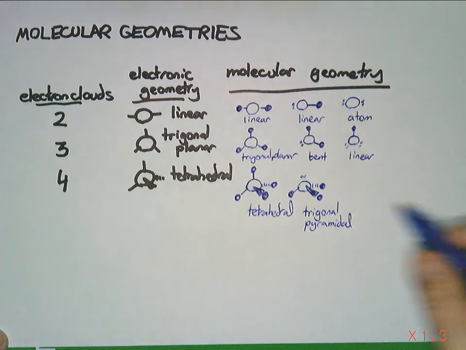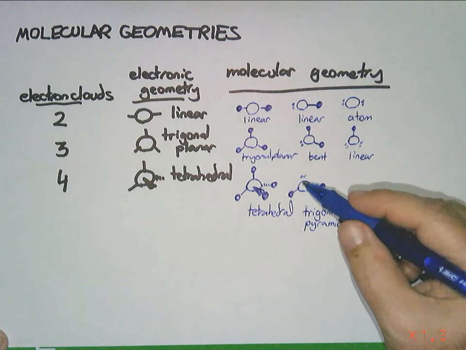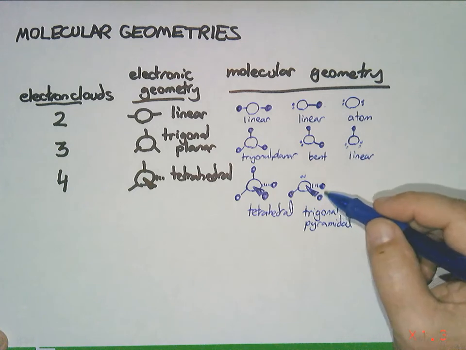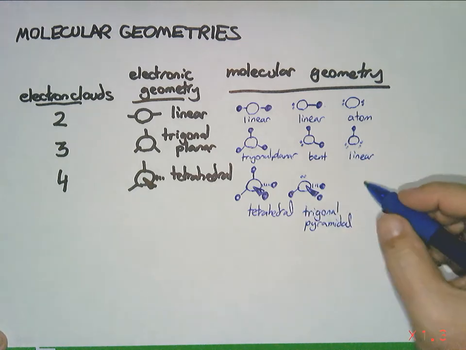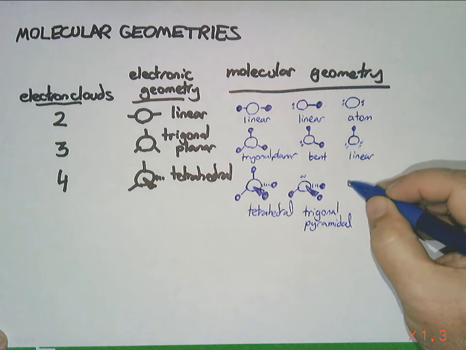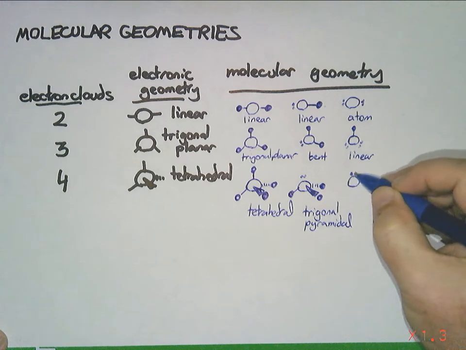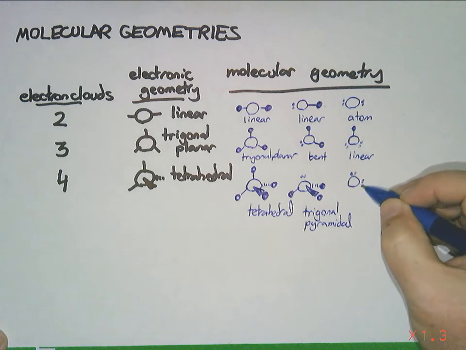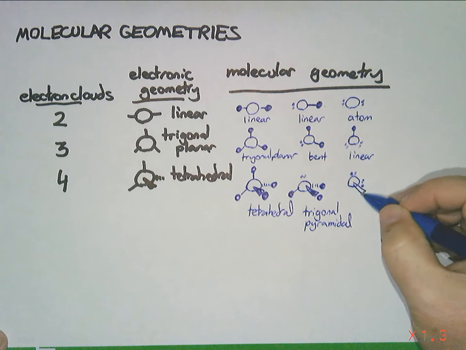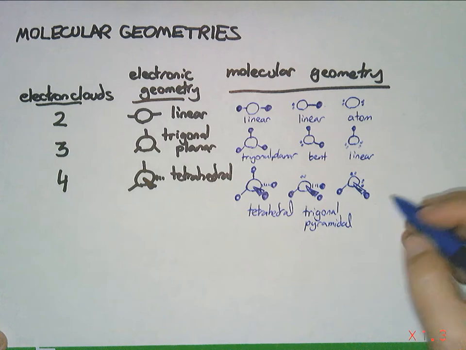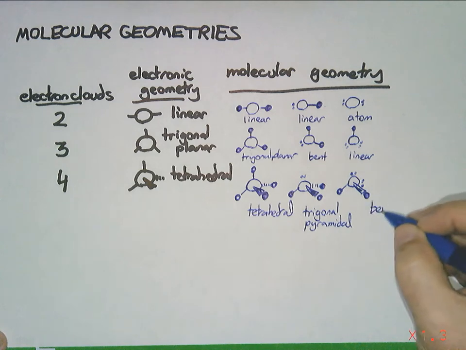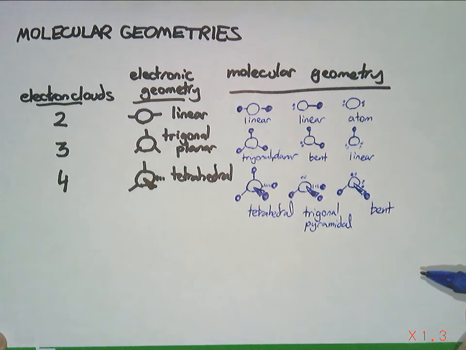Okay, how about if I put 2 lone pairs onto this? So I'm going to pull another arm off. Say I pull this one that's going back into the paper off. Then I'll have one coming out of the paper like this, and one in the plane of the paper like that. That looks like a bent molecule again.